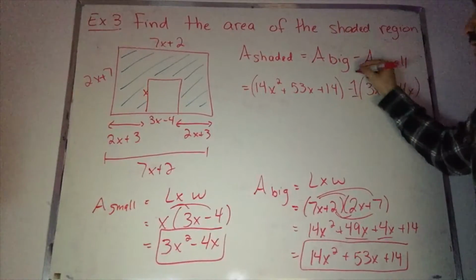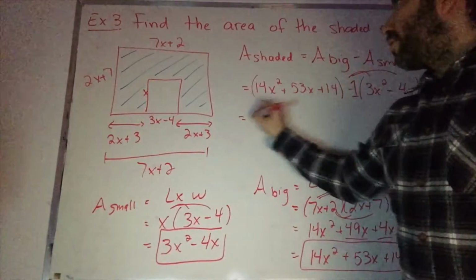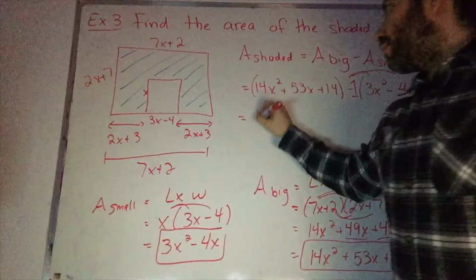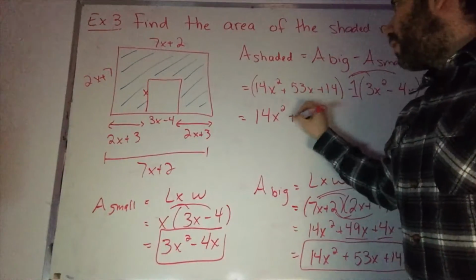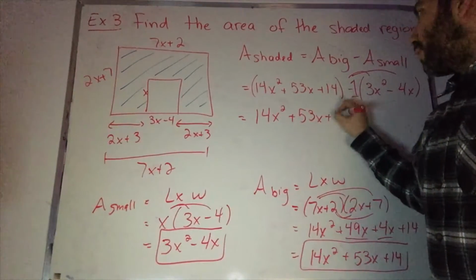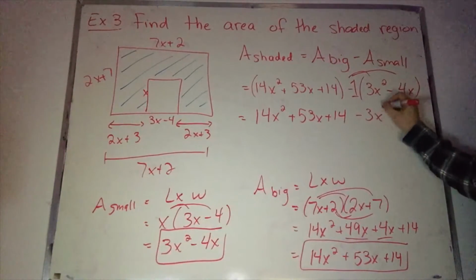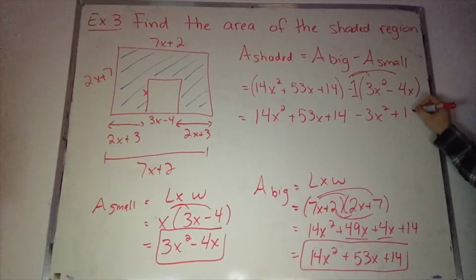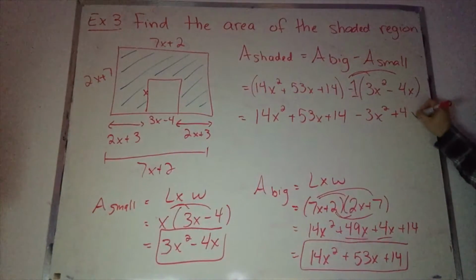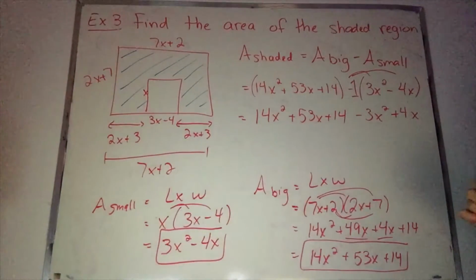And again, we think of this as a negative 1 and distribute. This is why it's important to put the brackets, not to forget this step. Plus 53x plus 14 minus 3x squared plus 4x. Okay.